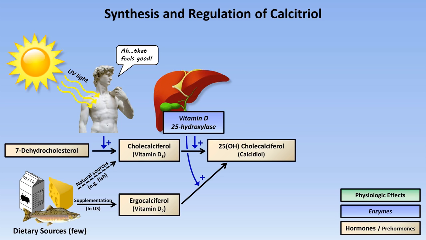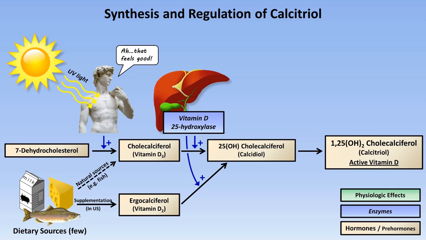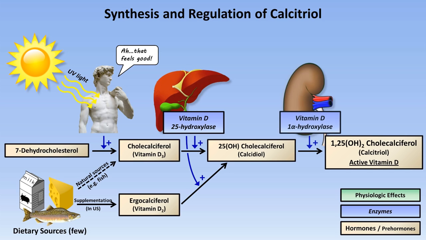This is when calcidiol is converted to 1,25-dihydroxycholecalciferol, also known as calcitriol, or active vitamin D. This occurs in the kidneys and requires vitamin D 1-alpha hydroxylase, also known as cytochrome P450-27B1. 1-alpha hydroxylase is inhibited by calcitriol itself, a form of negative feedback that prevents overproduction of the reaction's product.